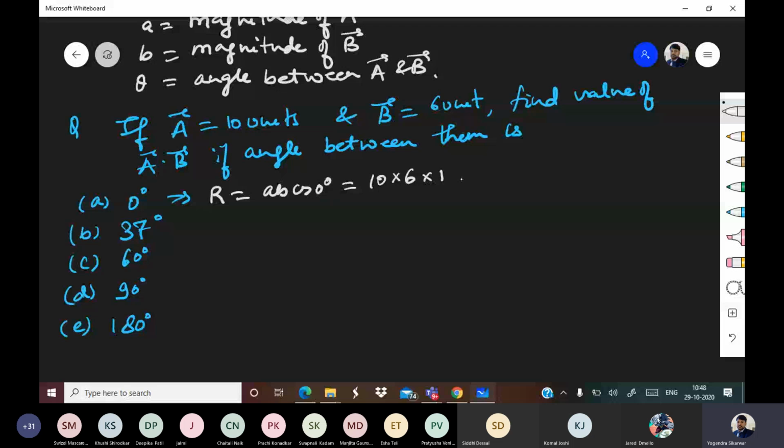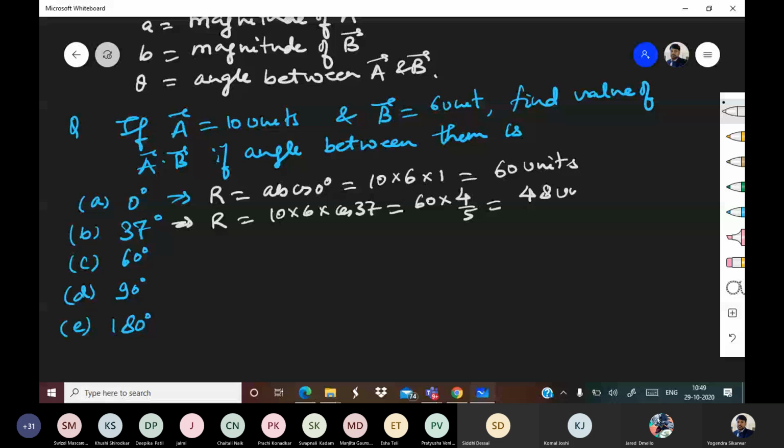Now in the third case, it will be 10 into 6 into cos 60.